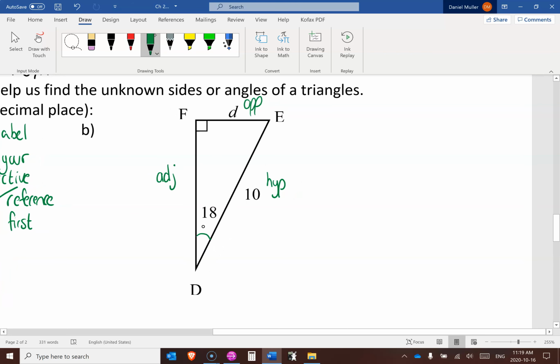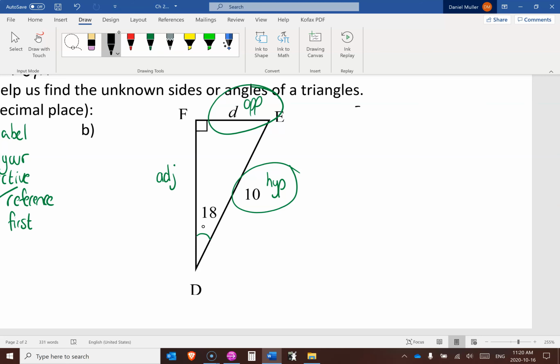Now we need to choose a formula. So I need to find D. That's an immediate thing that I have to circle. And I'm given some information here, so that's O and H. So our formula is going to be based off of that.